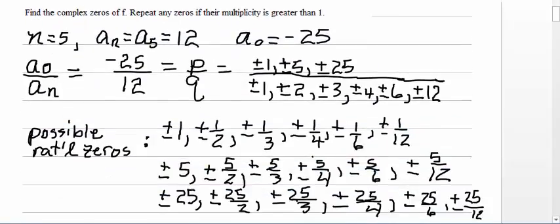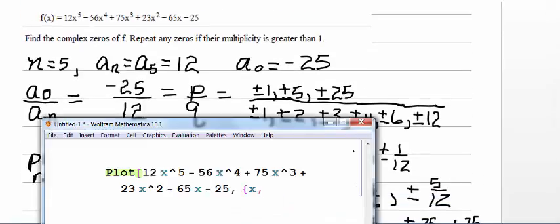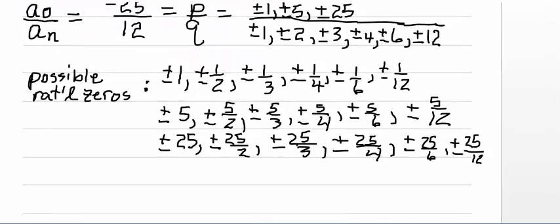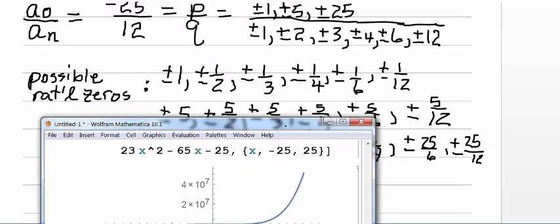And since my smallest possible root is negative 25 and the largest is positive 25, I'm going to go from negative 25 to 25 with my x values. And I'm going to just graph it.